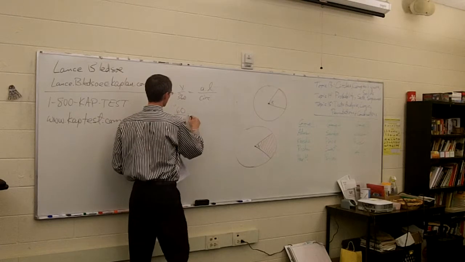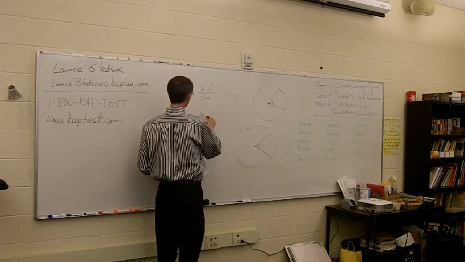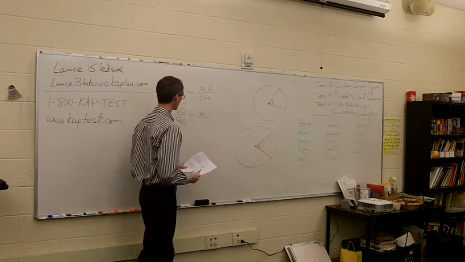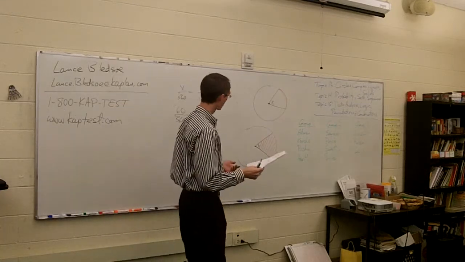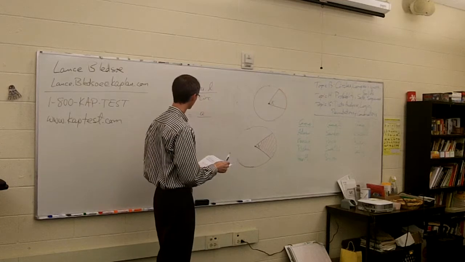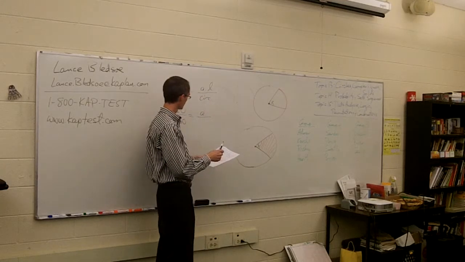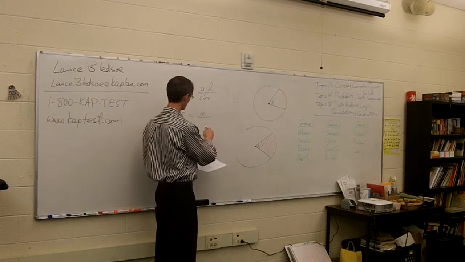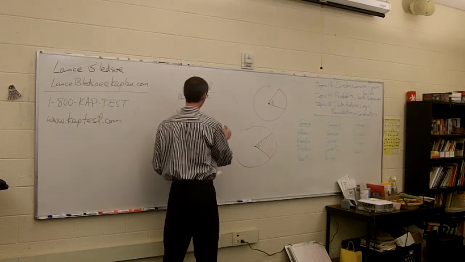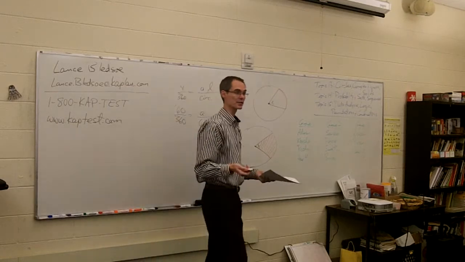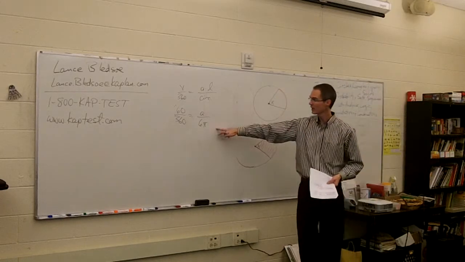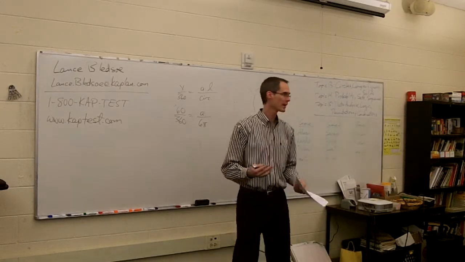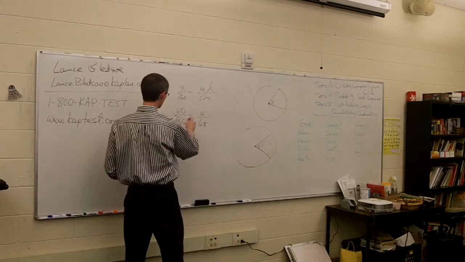So I got 60 over 360. Arc length is what I'm looking for. Let me call that A. Do I know the circumference of this circle, Ryan? How do I know the circumference? Because you know the diameter is 6, so you just do 6 times pi. Yeah, the circumference is pi times the diameter, or 2 pi times the radius, which is 6 pi. Well, now I've got a proportion that I can solve for A, which is my arc length.